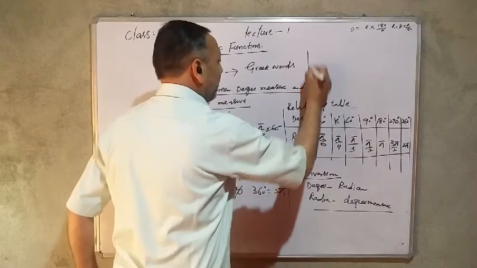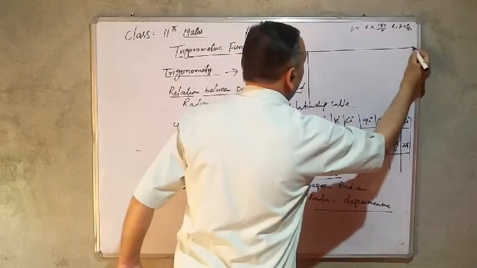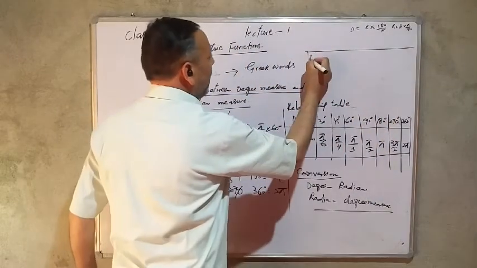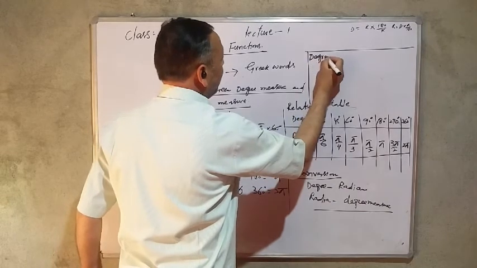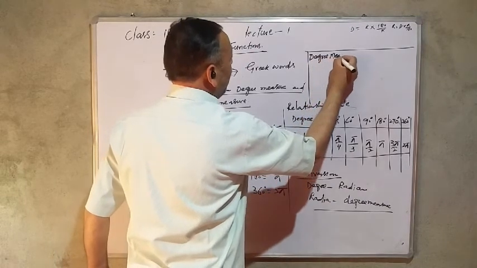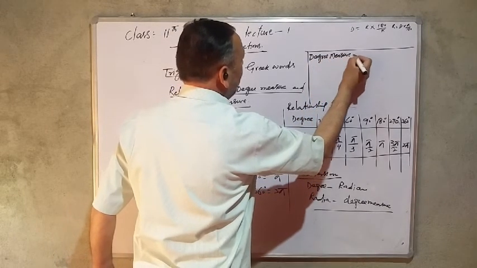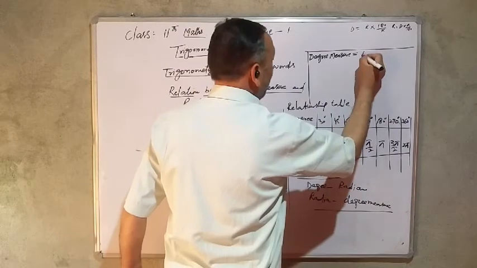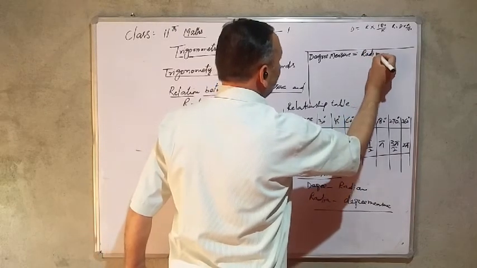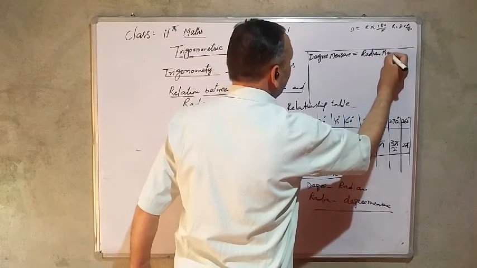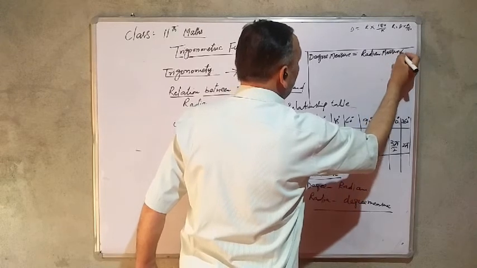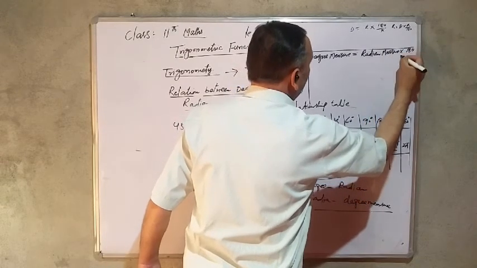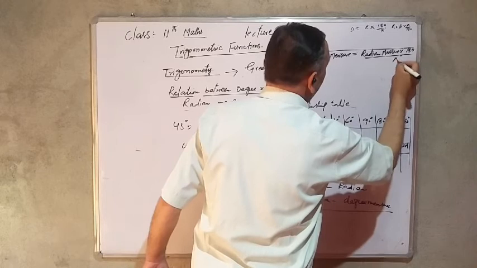Formula is this. Degree measure is equal to radian measure into 180 divided by pi.